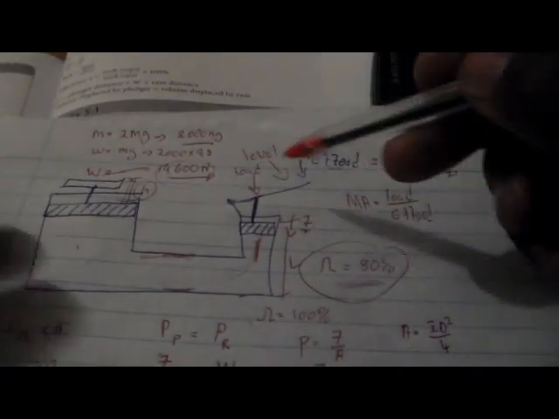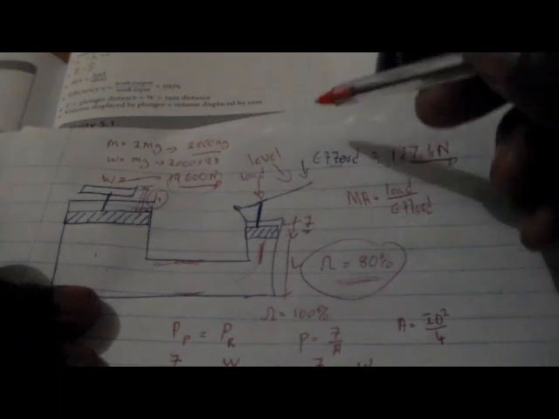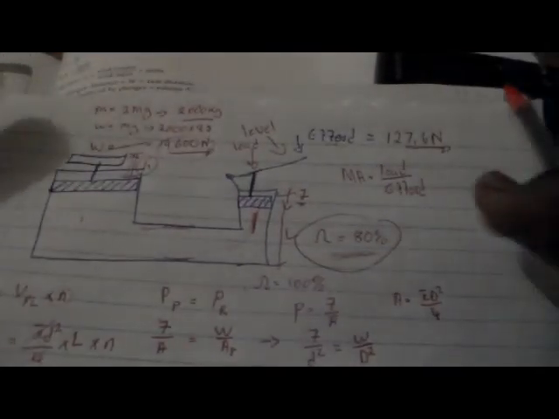The stroke is the upwards and downwards movement, so 1, 2, 3, to move the ram side up by 180 millimeters, we need 48 strokes.